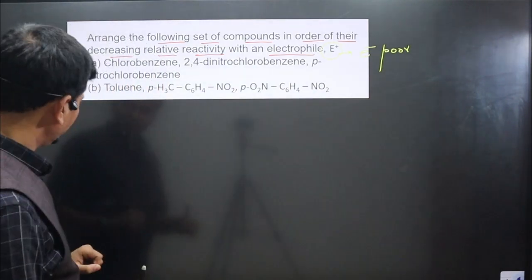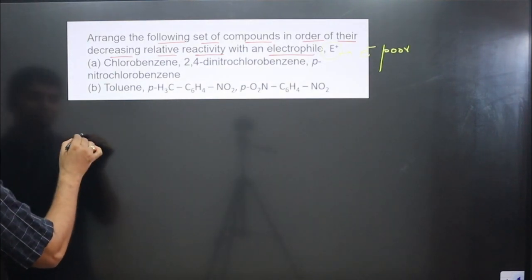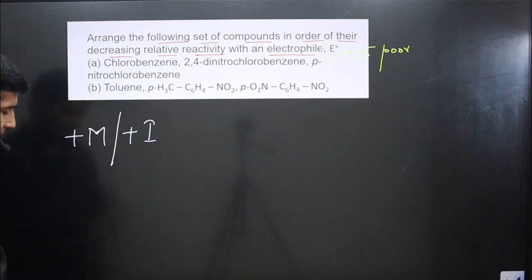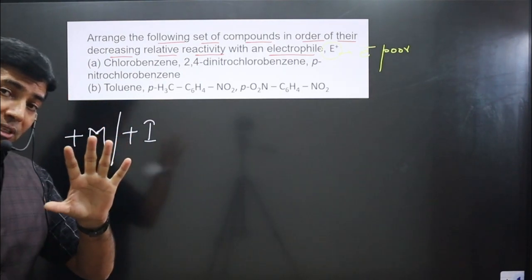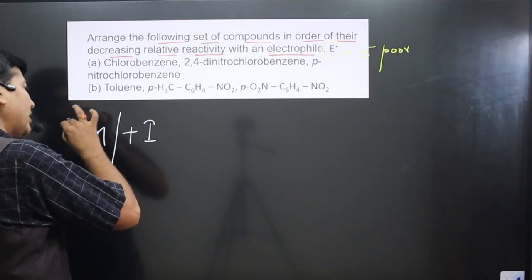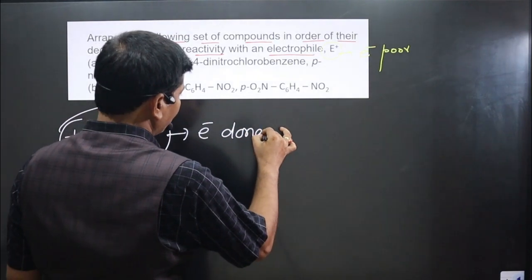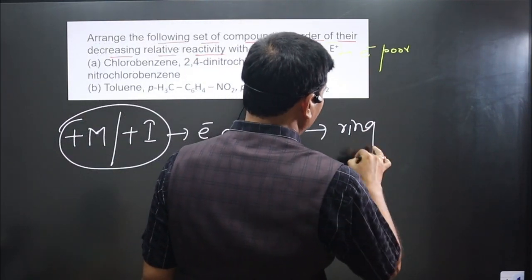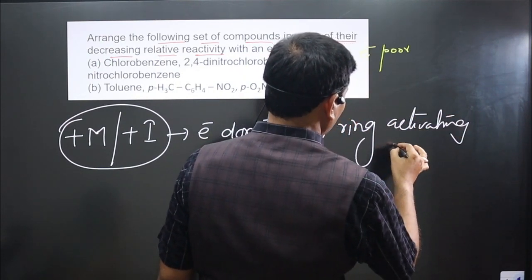Because keep in mind, if we have plus M group or plus I group present in the benzene ring, keep in mind these are electron donating groups, and hence they are also known as ring activating groups.